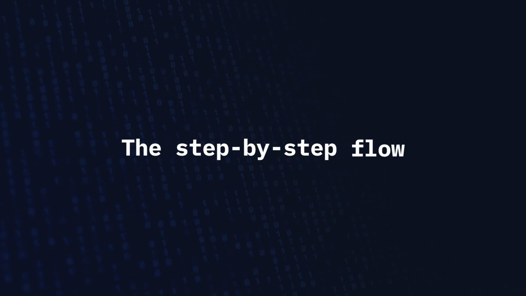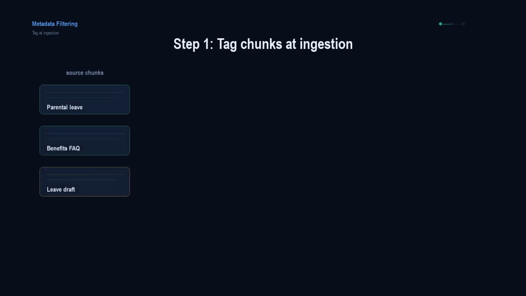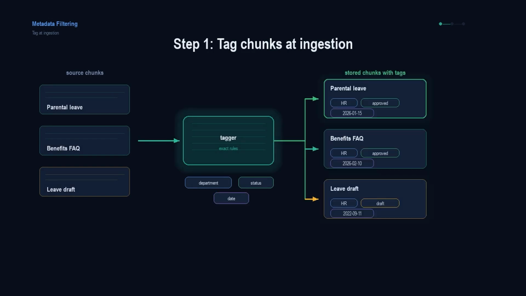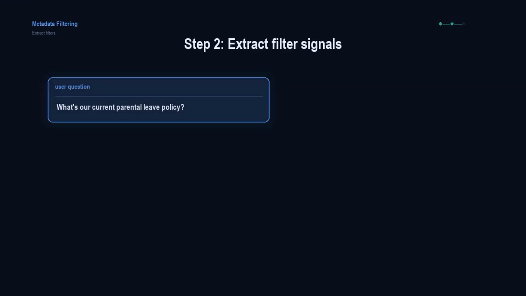Here's the step-by-step flow. Step 1 is tagging documents at ingestion time. Before anything gets embedded, each chunk gets tagged with attributes, like department is HR or status is approved, the date associated with it, and this happens once when you load documents into the system. Step 2 is the user's question gets parsed for filter signals.